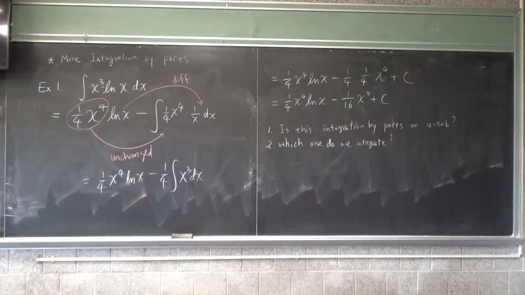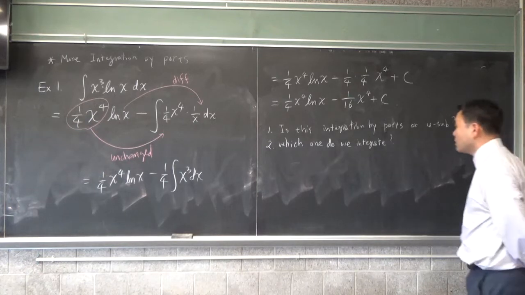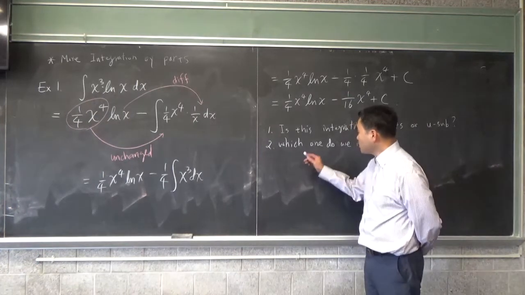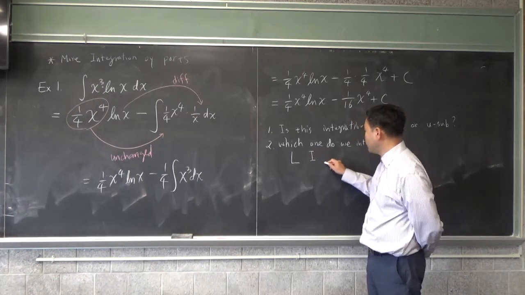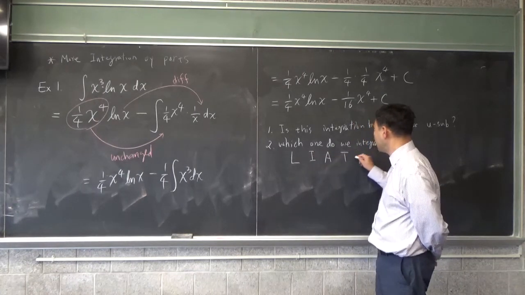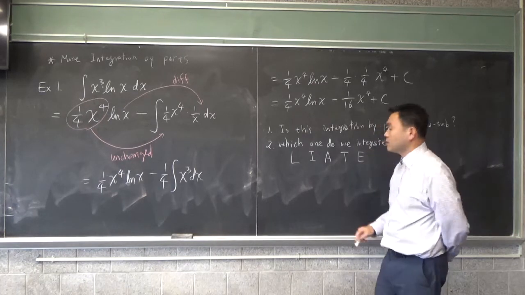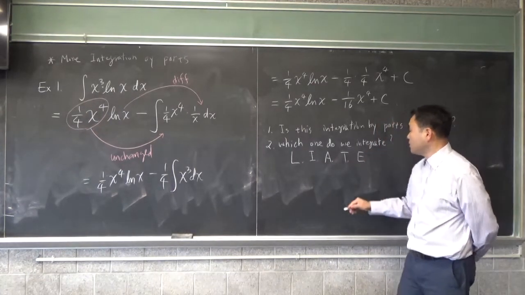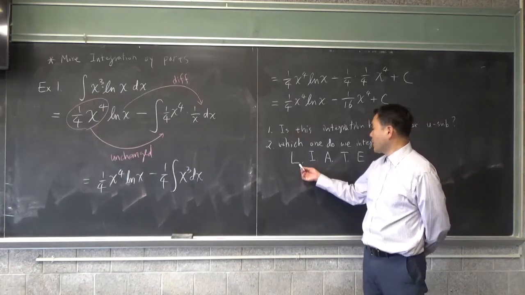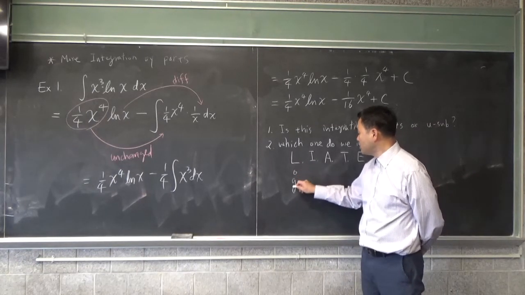And for this one, we have to remember a mnemonic. And the mnemonic goes like this. LIATE. LIATE. So this means L means logs.